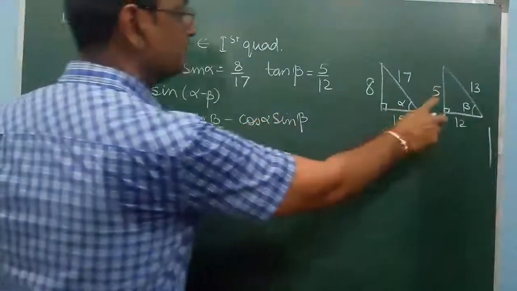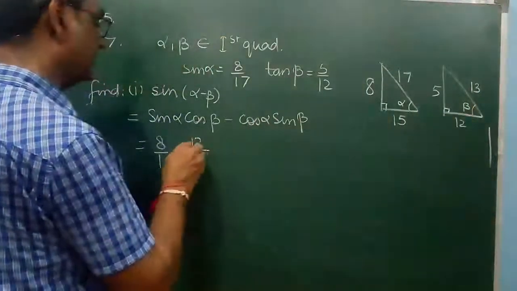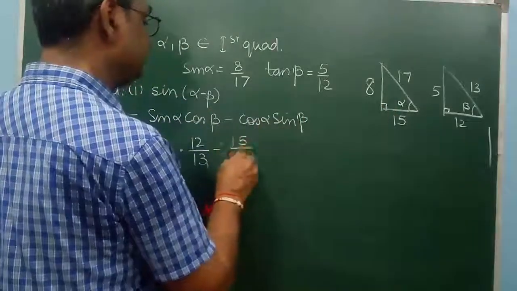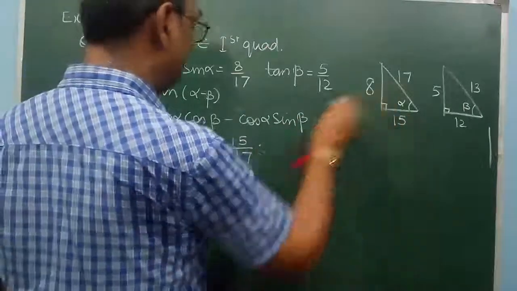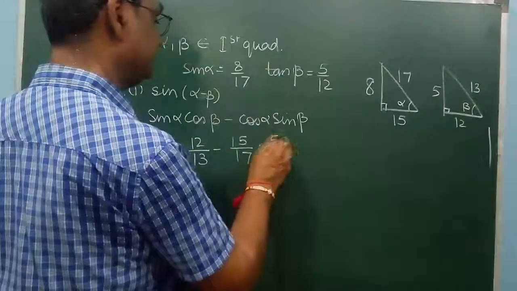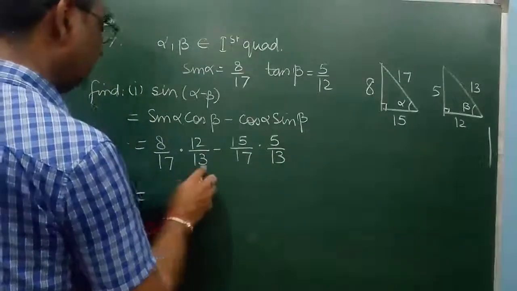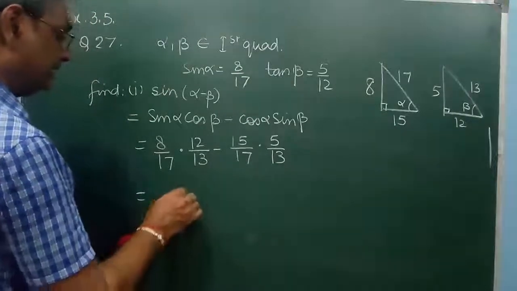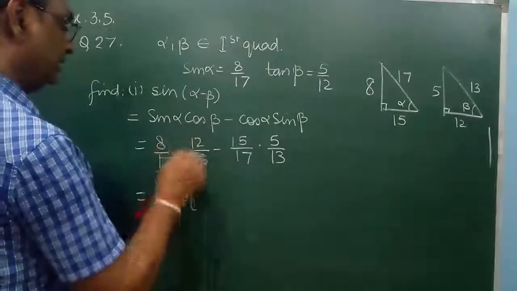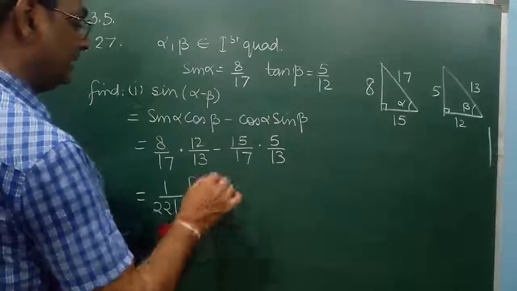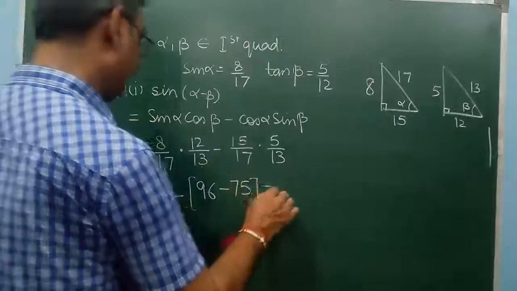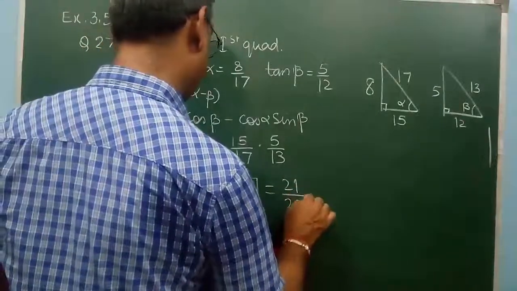Cos beta is 12 by 13 minus cos alpha is 15 by 17 and sin beta is 5 by 13. 13 times 17 is 221. One upon this is common. This is 96 minus 75. So here it will be 21 by 221.